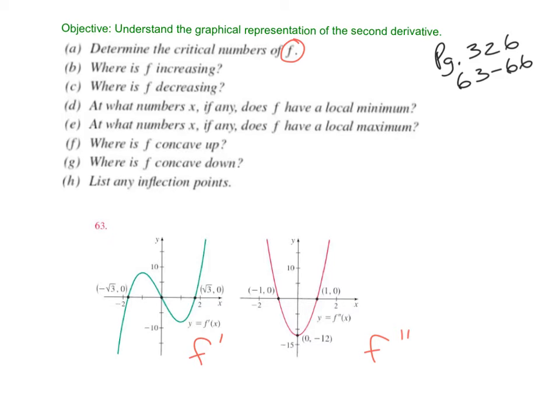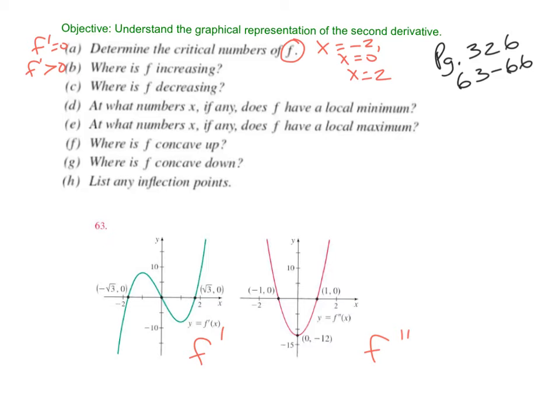And yeah, so go through answer A through H. So critical numbers are where f prime equals 0. So that's negative 2, 0, and 2. Right, f prime equals 0 is critical numbers. Where is this increasing? Increasing is where f prime is greater than 0. Right, this is f prime equals 0.